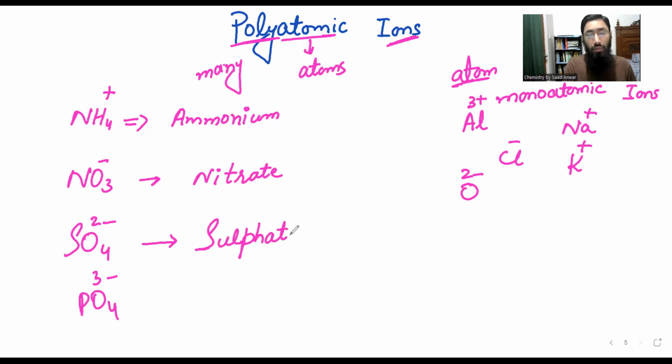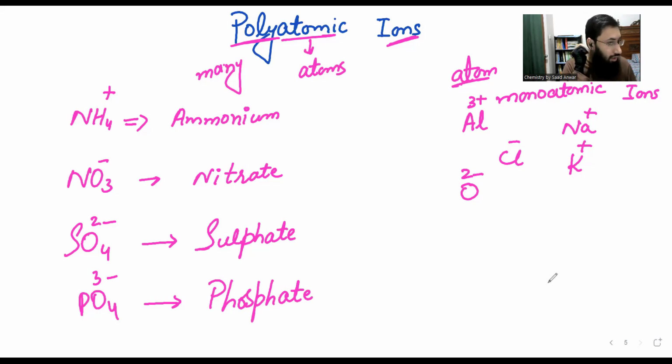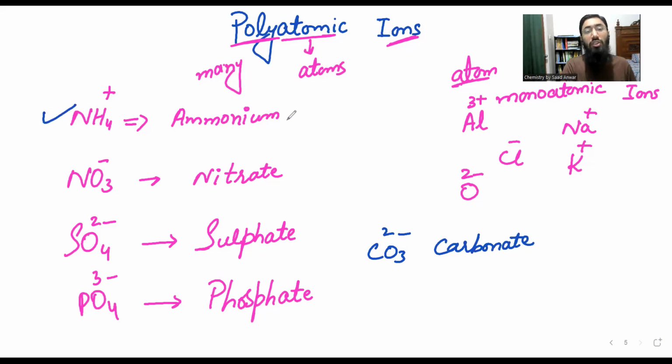PO4 minus 3, its name is phosphate. CO3 minus 2, its name is carbonate.